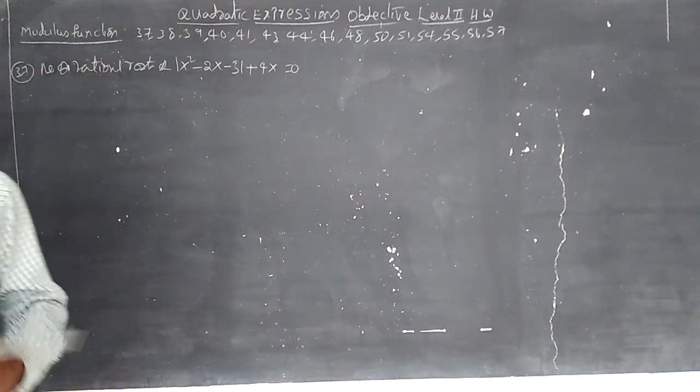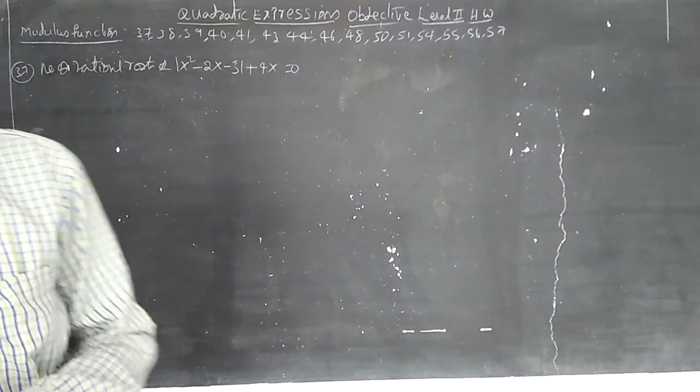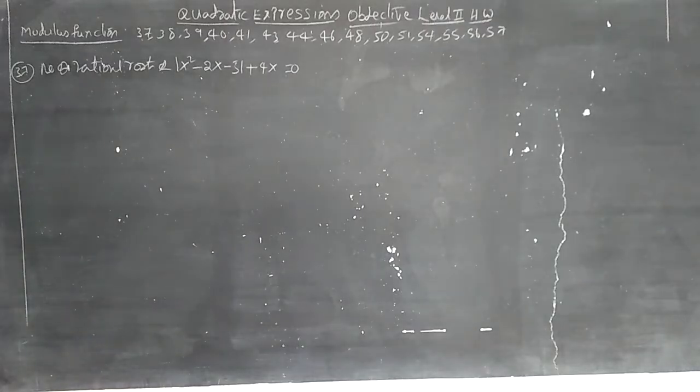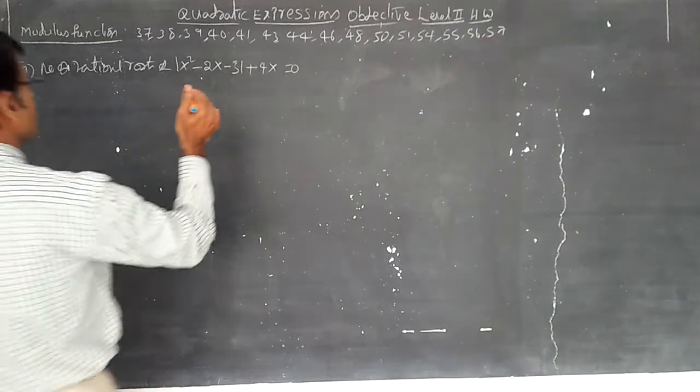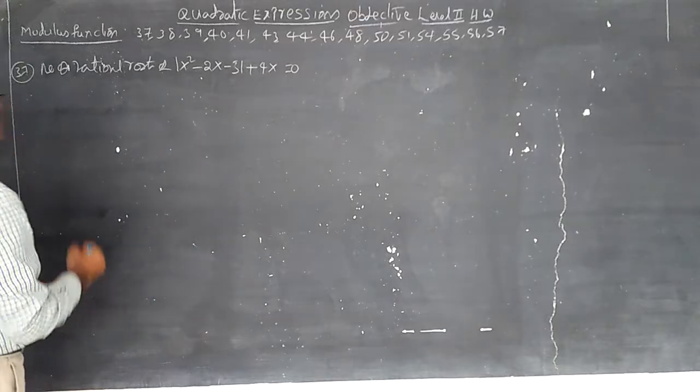Here we understand that the modulus value is taken in the positive way and the negative way. Later, we substitute the positive concept and the negative concept here and we should get the value.